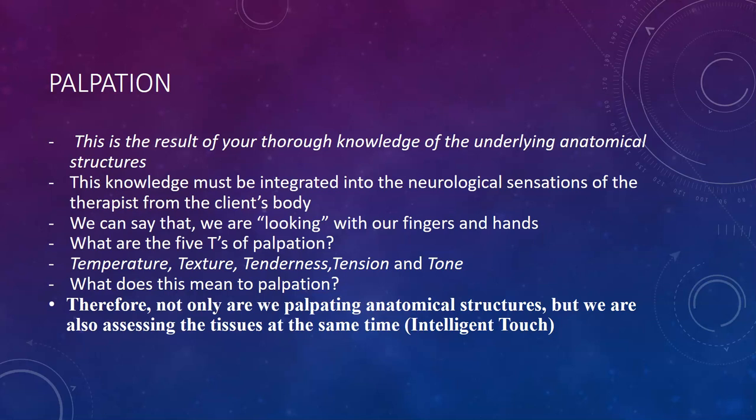I don't know how they can be a good therapist, because if I am truly assessing through palpation, I should be concentrating on the feedback my hands are giving me to come to conclusions of what I think is going on with my patient. So you are using your hands as intelligent touch to get the feedback of any one of these 5 T's to assess your patient to better help them.